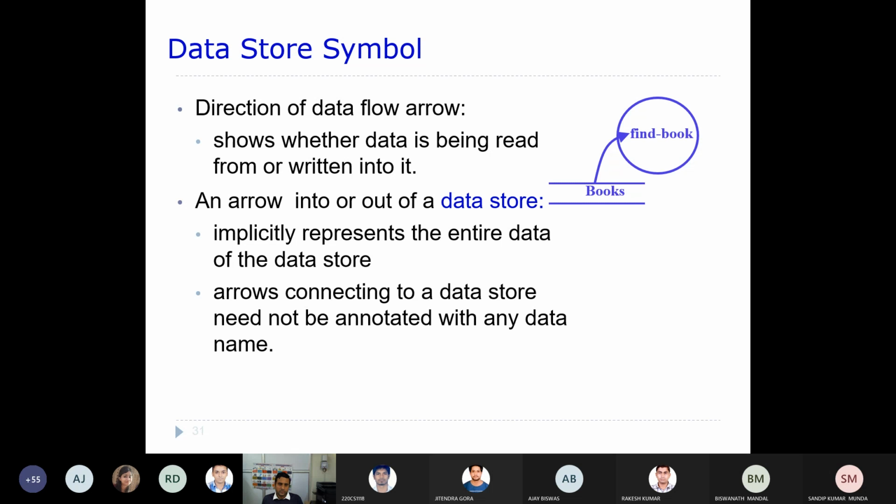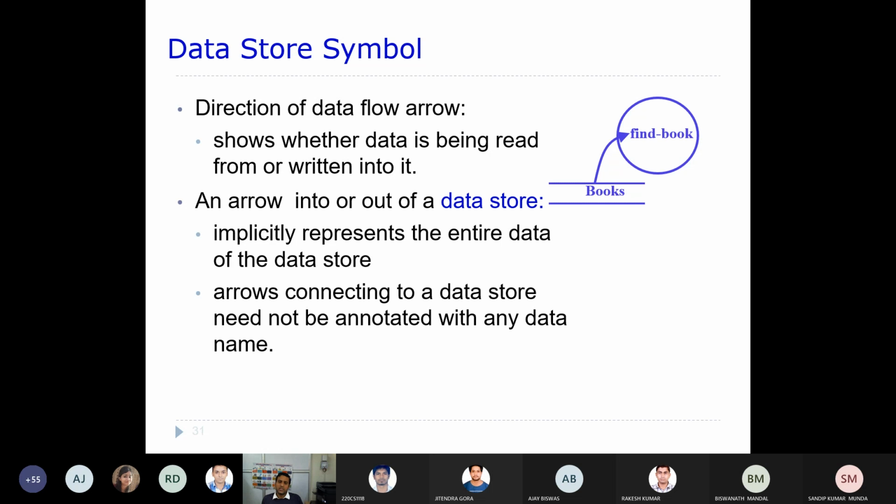Whenever an arrow goes from a data store to a processing, we do not annotate this arrow with any data name.